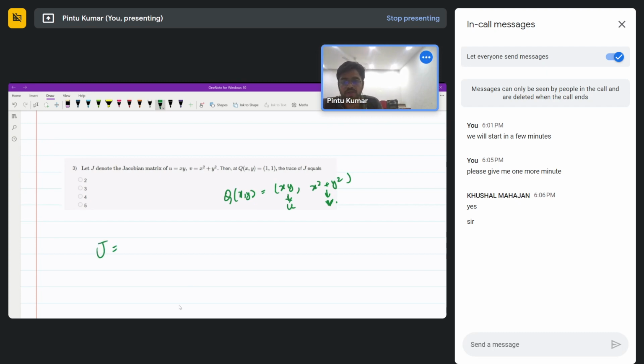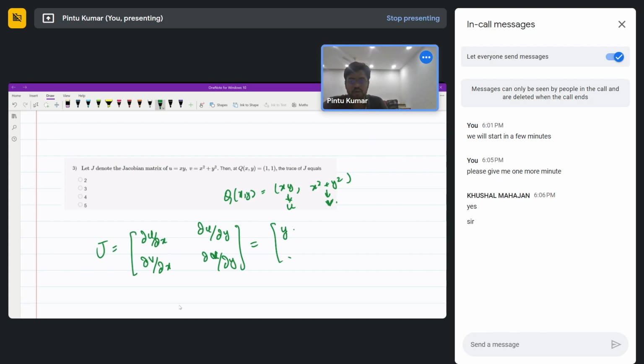So Jacobian would be del u by del x, then del u by del y, then del v by del x, and del v by del y. So del u by del x would be y, del u by del y would be just x, del v by del x would be 2x, del v by del y will be just 2y.